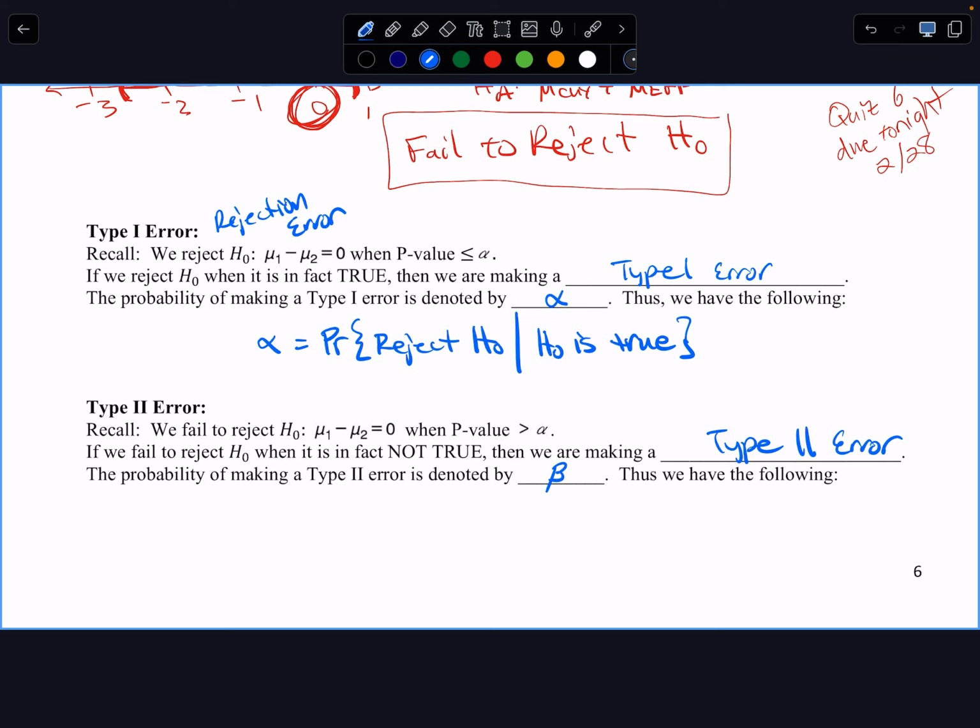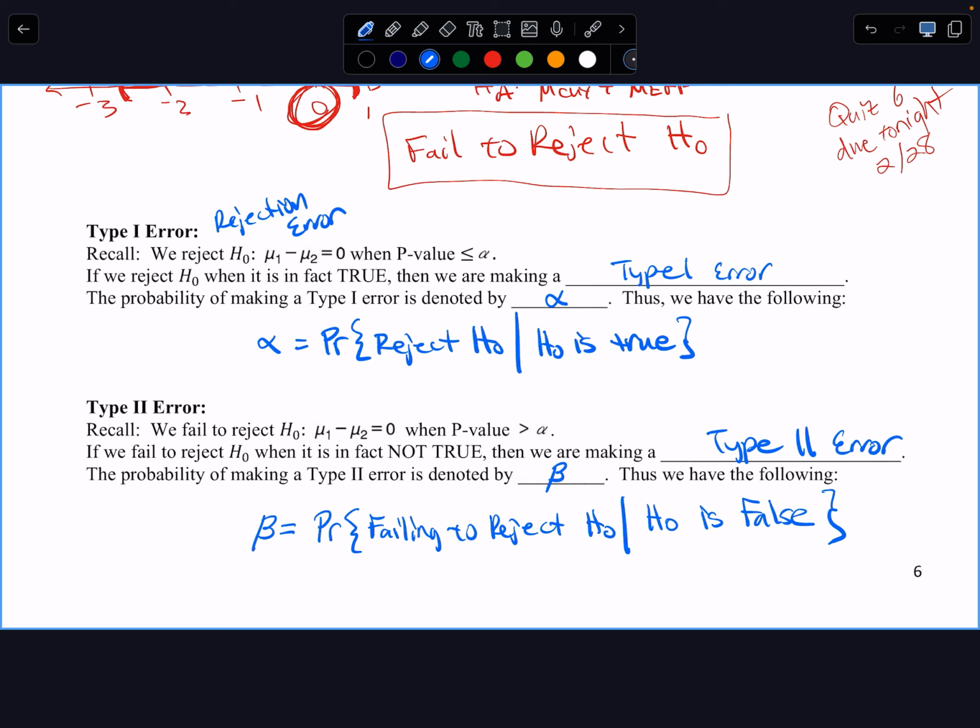All right? And we've not mentioned this before. We would have to calculate beta if we really wanted it. But in probability notation, it would be the probability of failing to reject the null given that H naught, the null, is false.